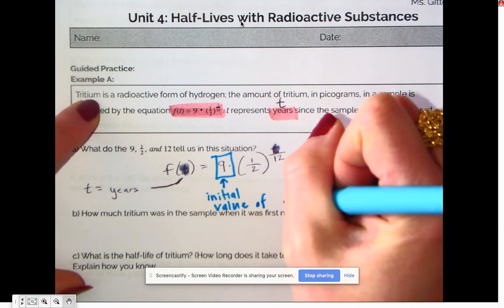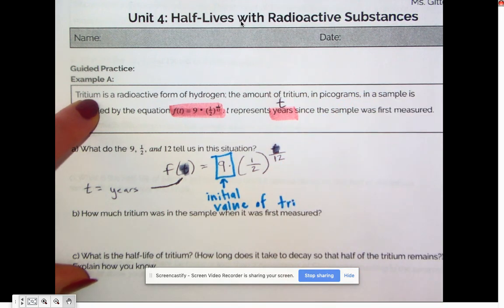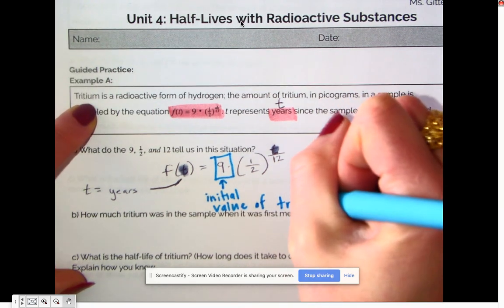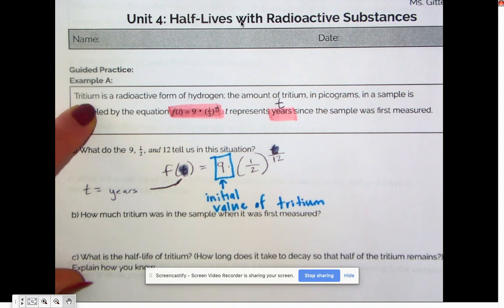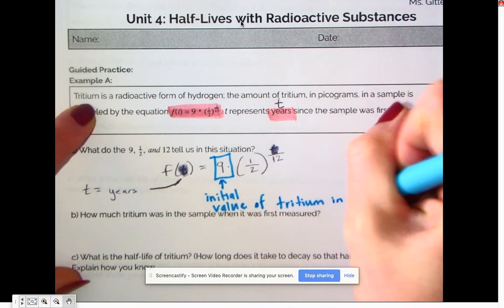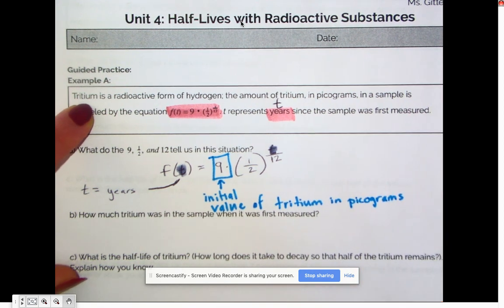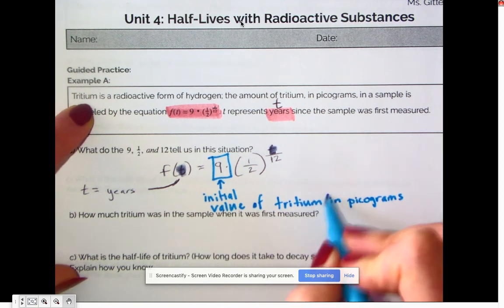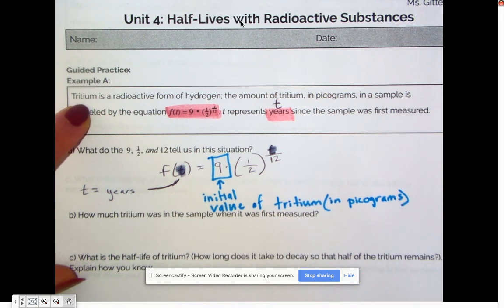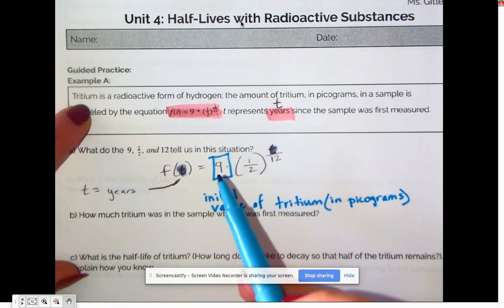So just adding in a few details from the problem. Some of your teachers will prefer that. And we also know the unit, it's going to be measured in picograms. So when the sample was first measured, at the initial time, it had a value or a weight of 9 picograms.